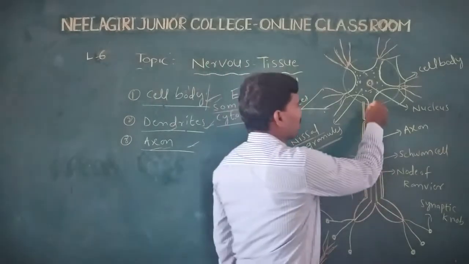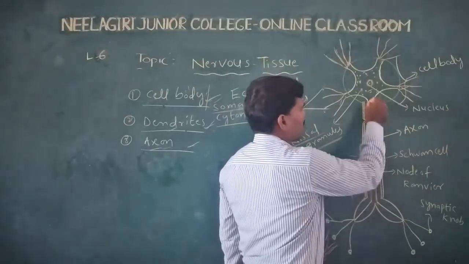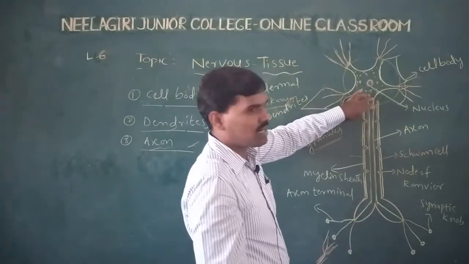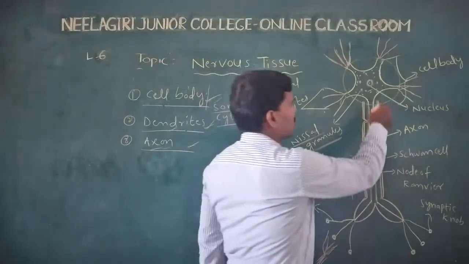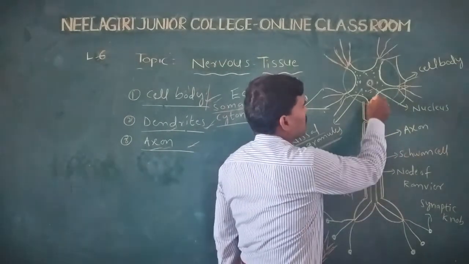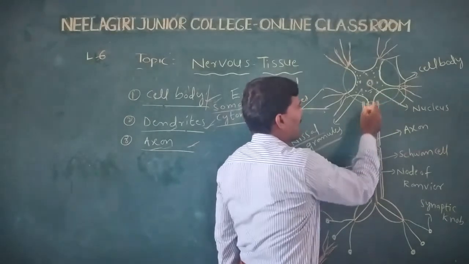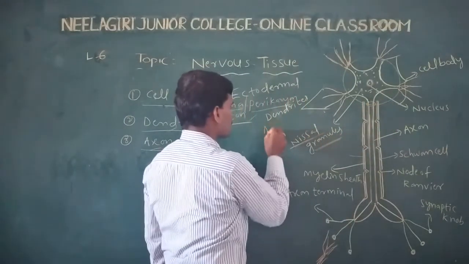The axon originates from the posterior part of the cell body. This originating part is called the axon hillock.